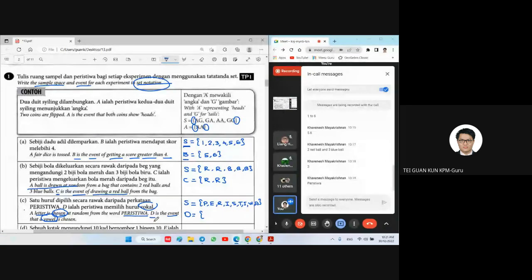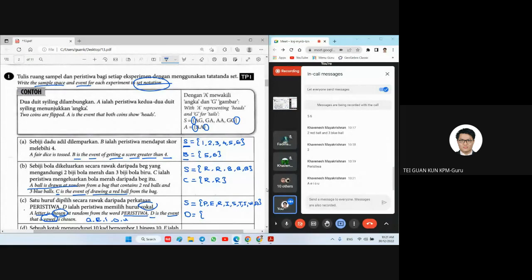What is the meaning of vowel? Vocal. Huruf A, E, I, O, U. Okay, so vocal lah.